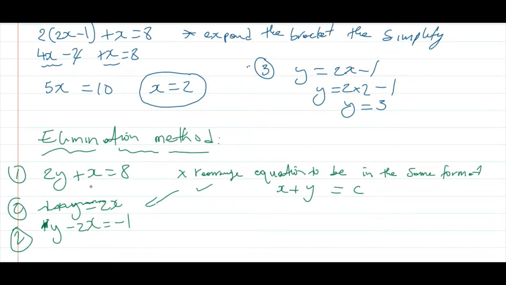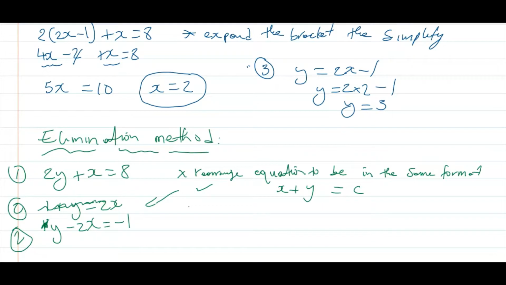Now we see which variable to get rid of. We could multiply equation 2 by 2 and then subtract it from equation 1, or we could divide equation 2 by 2 and then add it to equation 1.